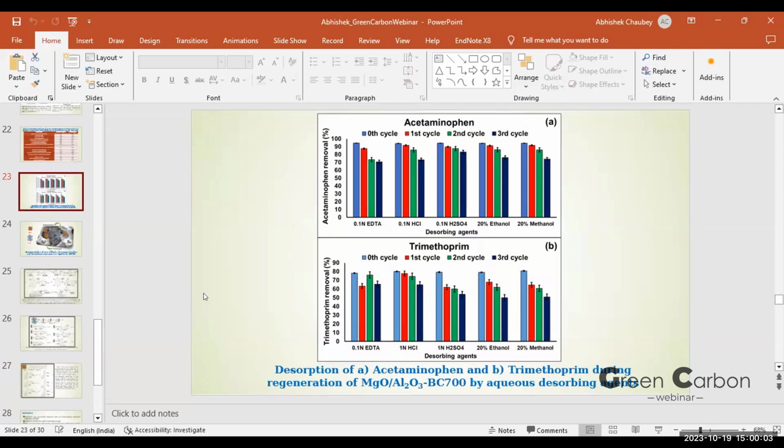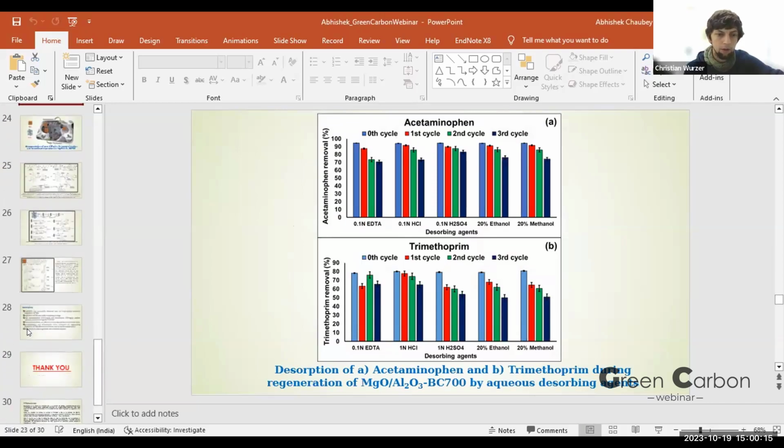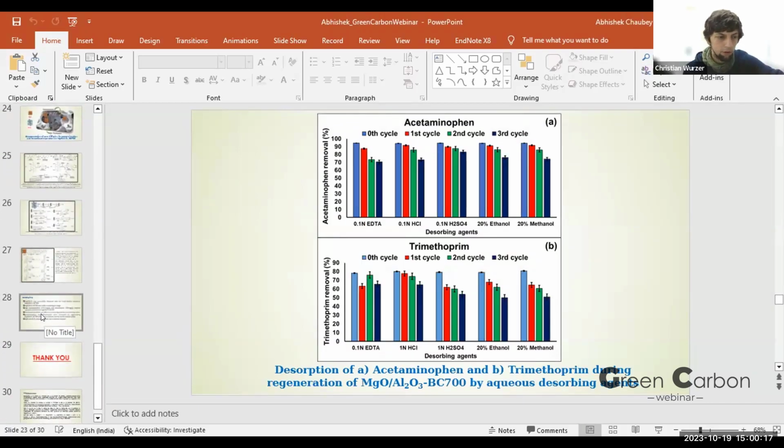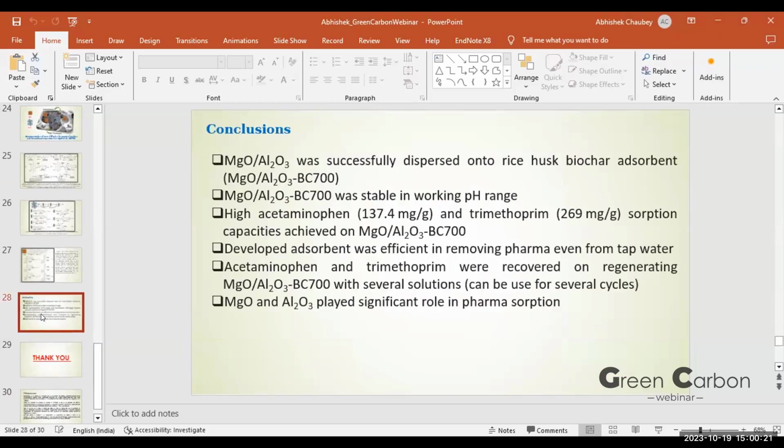I mixed it, left it for 4 to 6 hours, then filtered it, dried it, and again went for the same adsorption. Okay. And just out of curiosity, did you try thermal regeneration as well? Thermal regeneration, like heating it up? No, I haven't done thermal regeneration.